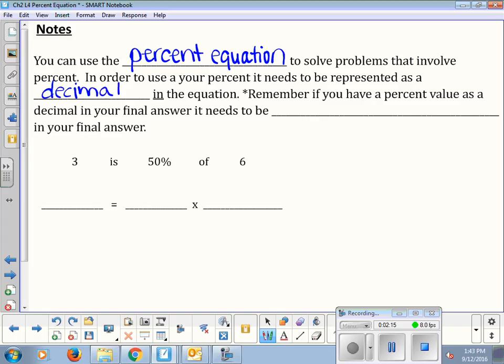Some of you like writing your percent as a fraction better. You can do that as well. But you need to change your percent to either a decimal or a fraction in the equation. And remember, if you have a percent value as a decimal in your final answer, it needs to be written as a percent.